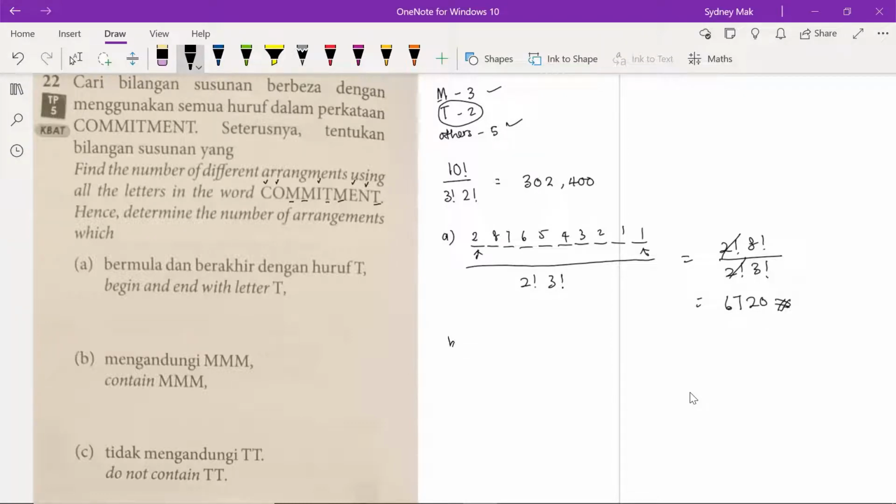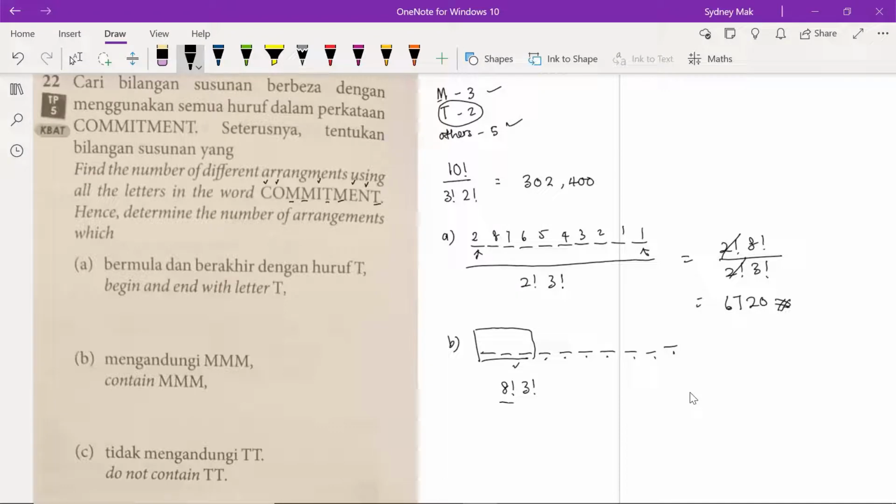Okay, next part B, the number of arrangements which contain triple M. So we must see the M that is together. So 1, 2, 3, 4, 5, 6, 7, 8, 9, 10, whereby we bundle these 3 spaces just for the M. Okay, so externally we have 8 items. 1, 2, 3, 4, 5, 6, 7 plus a group of M. So we have 8 items. So externally 8 factorial, and then internally that will be 3 factorial.